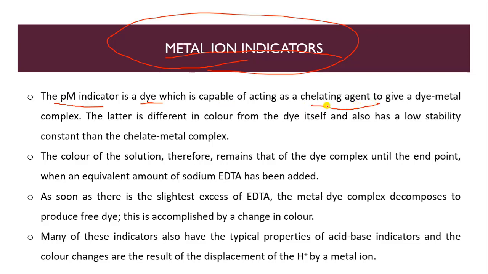Whatever indicator we select should be capable of reacting with a metal to give a metal-indicator complex. The latter is different in color from the dye itself, and also has a lower stability constant than the chelate metal complex.